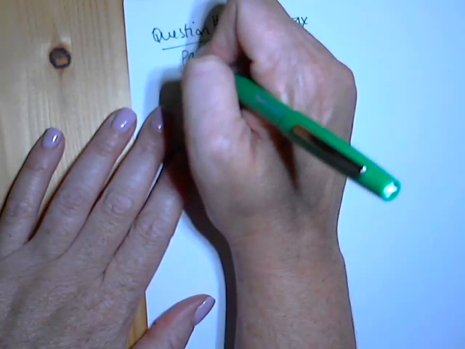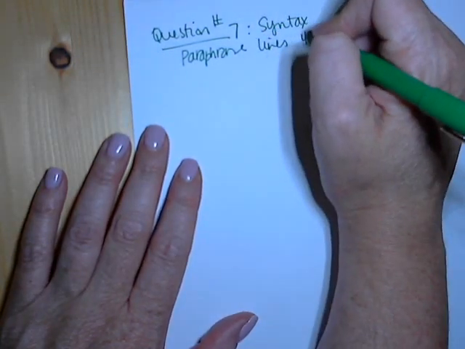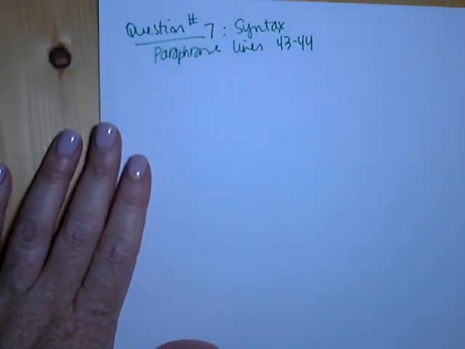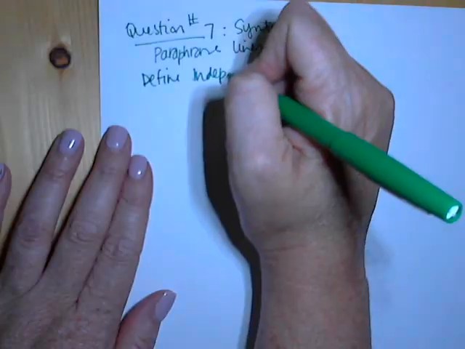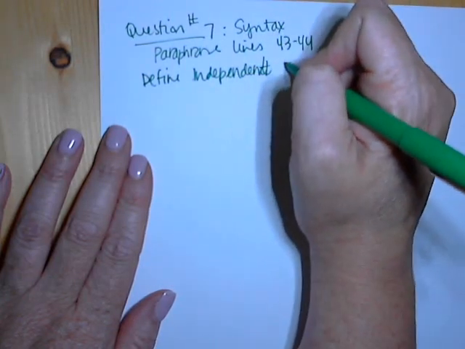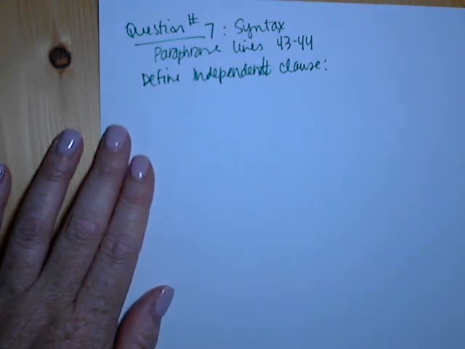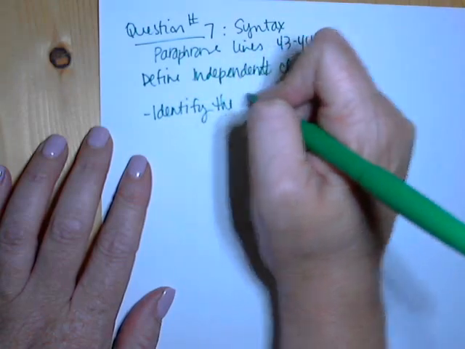All right, so what do you think I need to do first for question number 7? You can paraphrase, yep. So paraphrase lines 43 through 44. Then what? Yep, define independent clause. Okay, then I think I'm going to have to identify what the independent clause is.